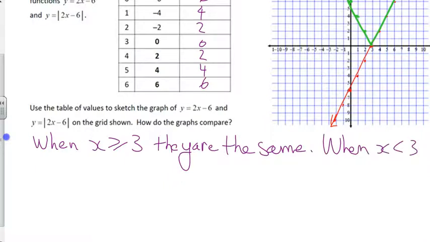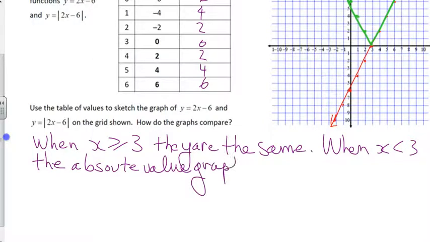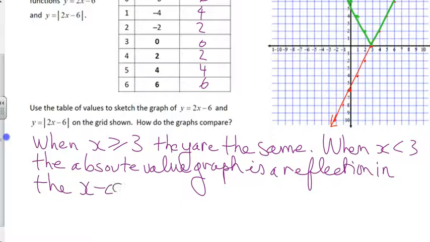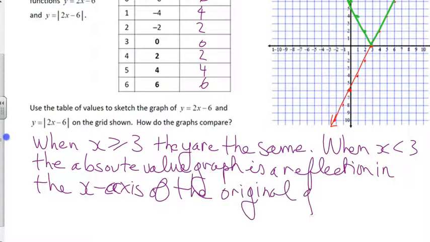When x is less than 3, the absolute value graph is a reflection in the x-axis of the original graph. Period. Okay, questions? There's a worksheet.